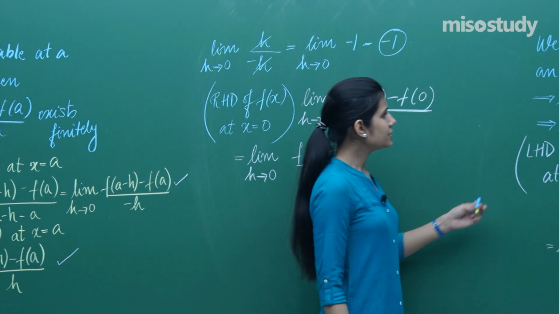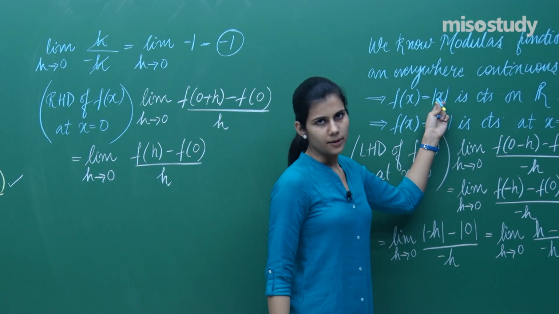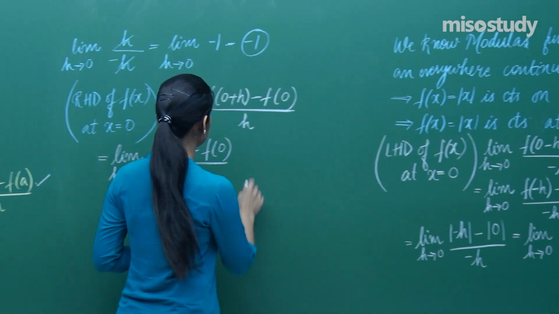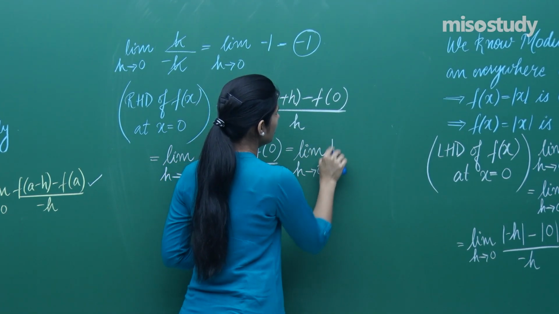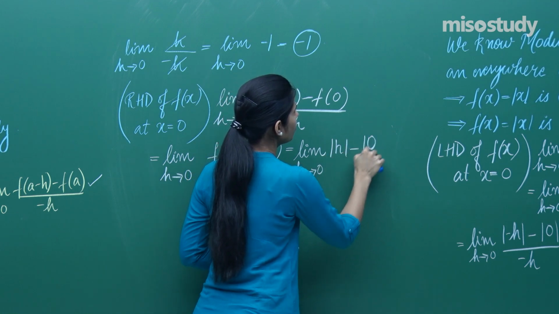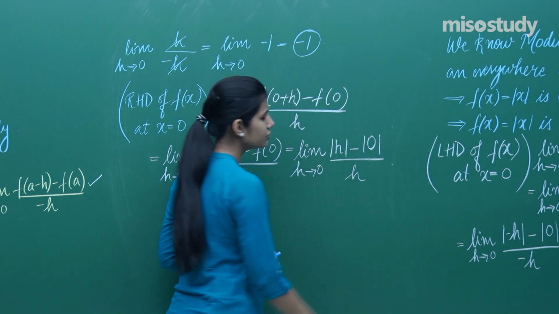Now if f of x is mod x, f of h is mod h. So this will be limit h tends to 0, mod h minus mod 0 upon h.